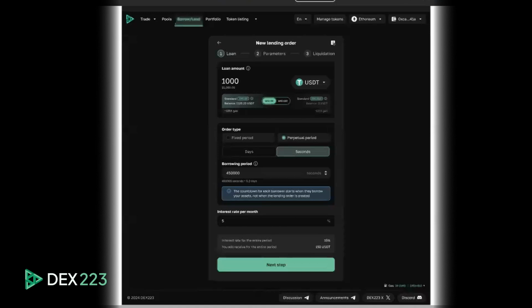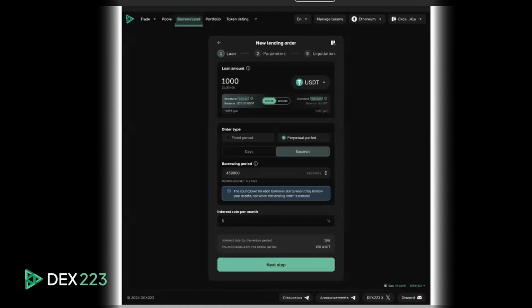And the second assumption that we are making is that we are placing all the risks on the lenders. We actually give lenders more control over their funds and over operations that borrowers can do with their funds than any other exchange.